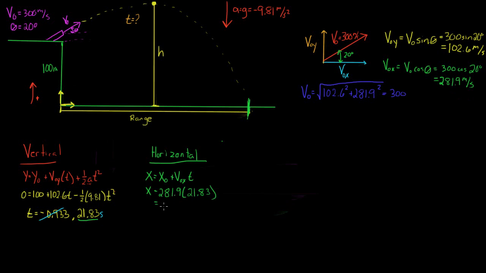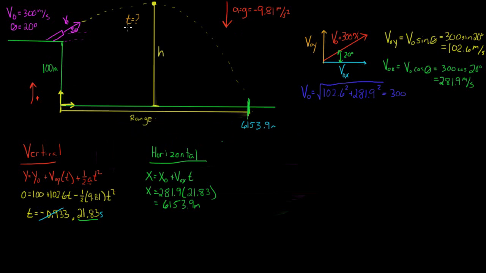And if we figure out what x is, we'll get an answer of 6,153.9 meters. So the total distance this projectile travels is 6,153.9 meters. So this range, this distance right here, is 6,153.9. Well, that's great. And that's the first part of what we were trying to figure out.